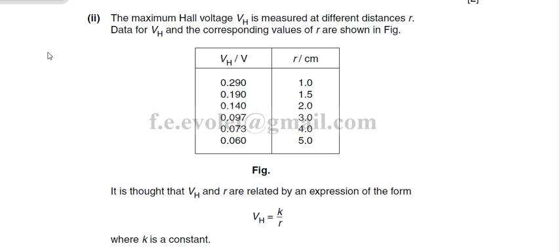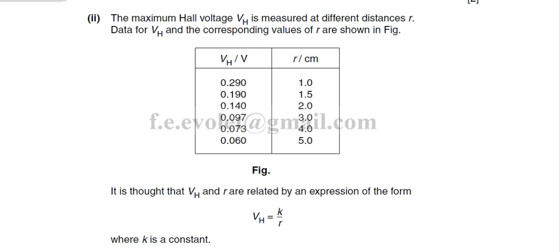The next part says the maximum Hall voltage VH is measured at different distances r. Data of VH and the corresponding values of r are shown in the figure. So now they just vary r. They make the Hall probe move away from the wire.